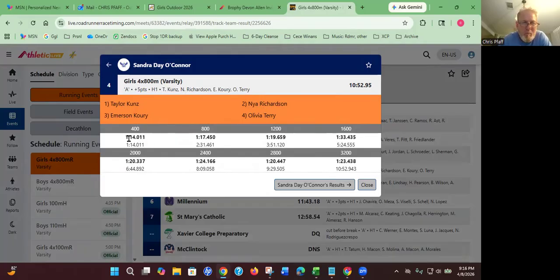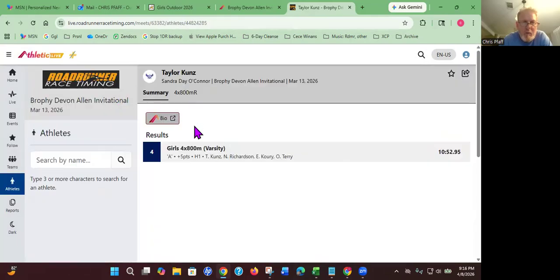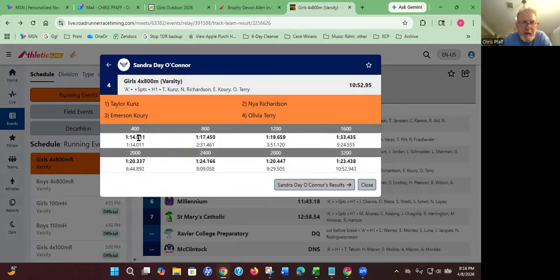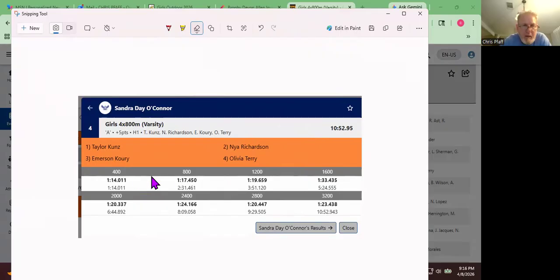This is something that we'll have to check out. First of all, the times at the top are the time for each lap.